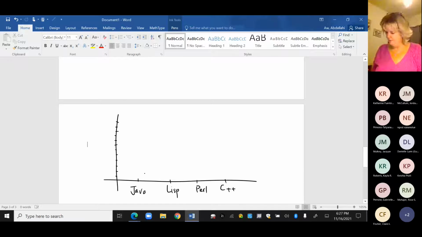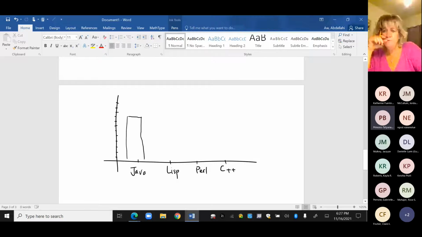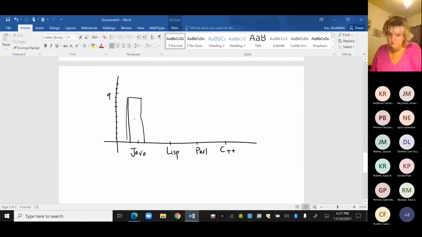So Java is 9, so it's going to be here. That is for Java. Lisp is 3, that is 3 right here.